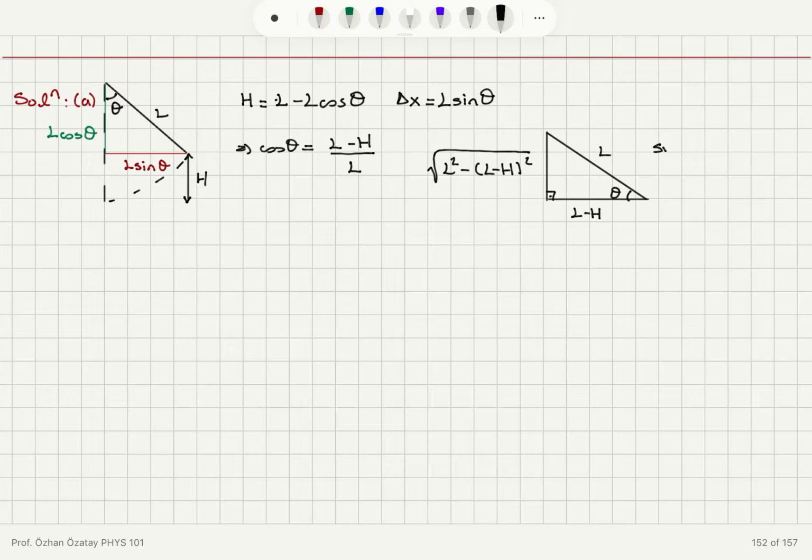So this allows me to write sine theta as the square root of L squared minus (L minus h) squared, divided by L.